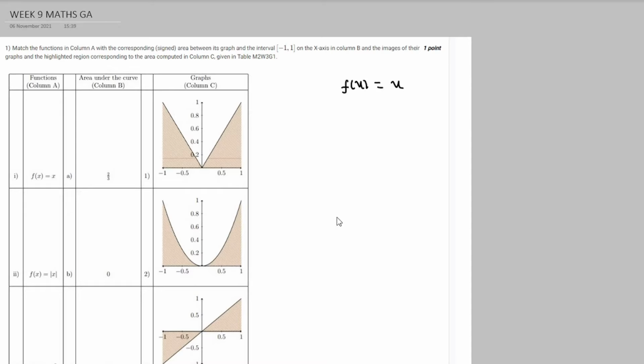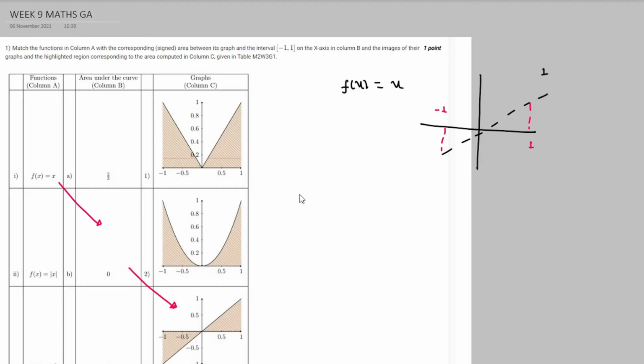The graph for this particular function will pass through the origin having slope equal to 1. Since it is defined from -1 to 1 and it is an odd function, its area will be 0. So for the function f of x, its area will be 0 and its graph will be the third one.